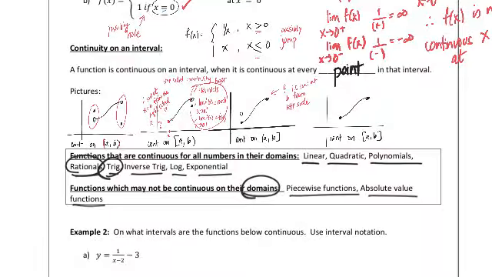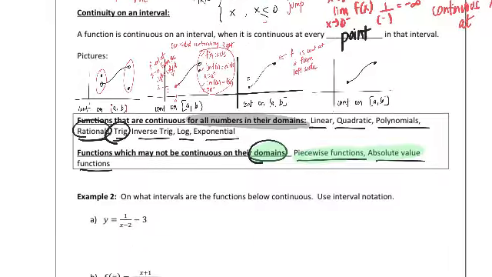Which means that, for example, the tangent function is obviously not continuous at pi over 2, but everywhere else it's continuous. These functions, the piecewise and the absolute functions, right, they might actually be discontinuous even within their domains, right? So this is the distinction between the two types.